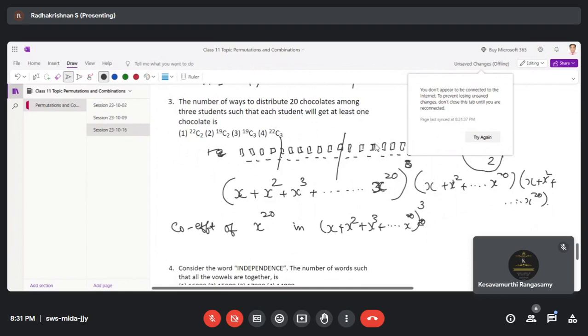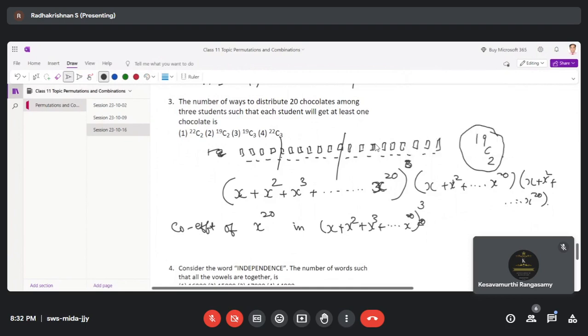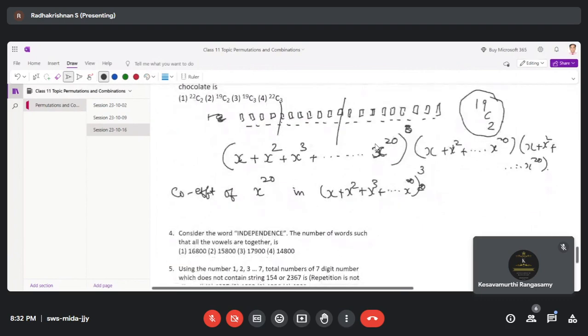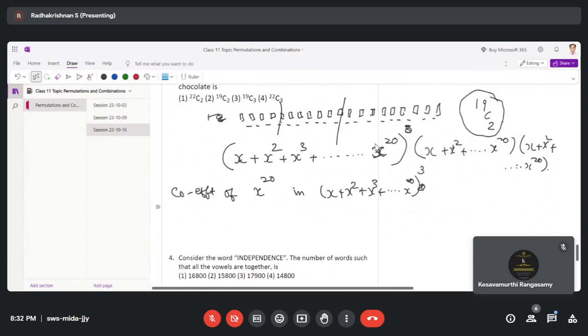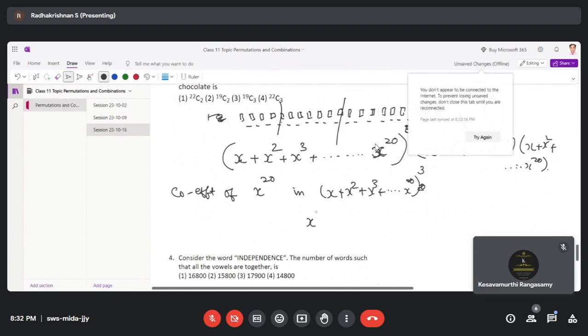I think you would have been taught the binomial theorem, right? So there is a formula for this using the binomial theorem. I'll come to that. So this we can write as x cube into 1 plus x plus x squared and so on.